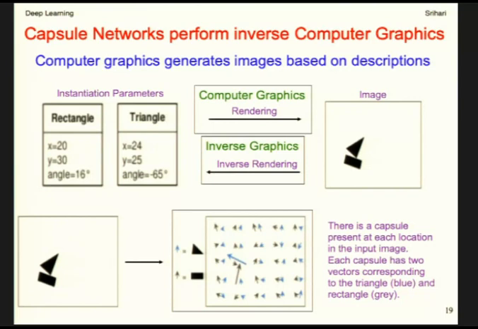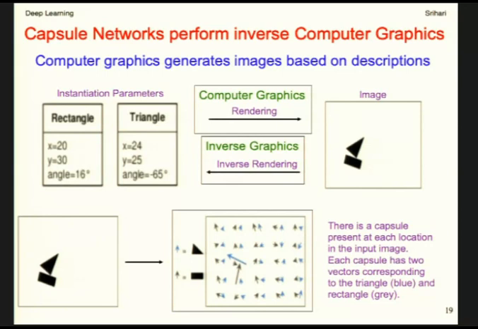Since this rectangle and this triangle are about in this location here, there's a very strong vector here and a strong vector there. Blue corresponds to a triangle and black corresponds to the rectangle. And there are weaker representations of these because there is a view of the whole thing from the entire image. The idea of the saccades we talked about.